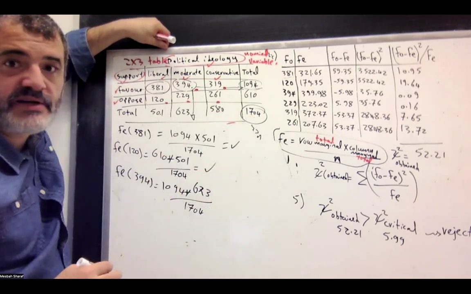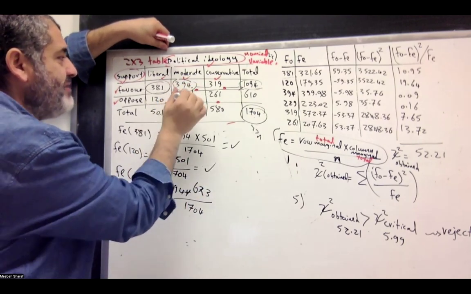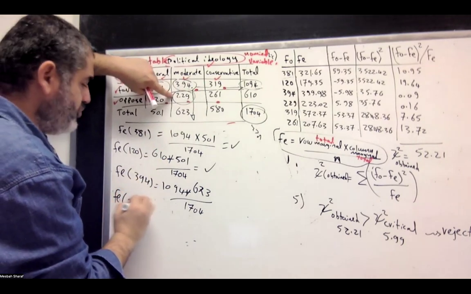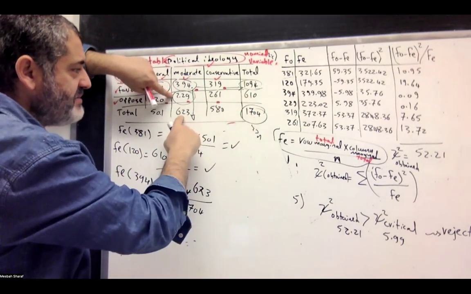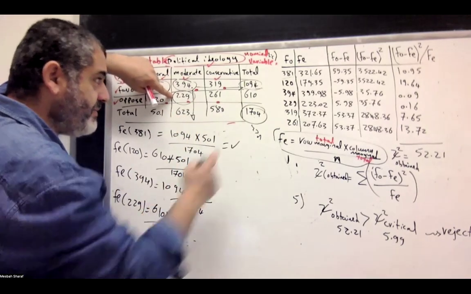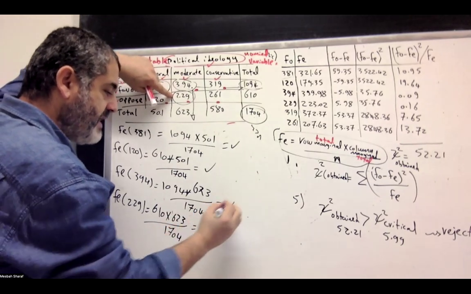N is the total number of cases. Same idea for the 229: 610 times 623 divided by 1704, and then you get it.